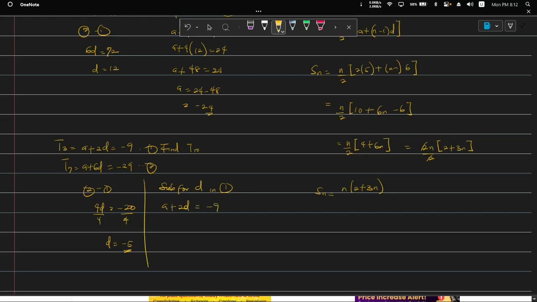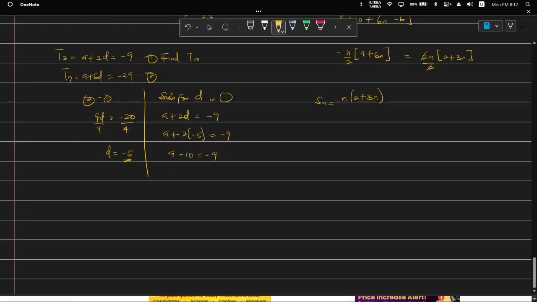Therefore, a plus 2 into bracket minus 5 is equals to minus 9. 2 times minus 5 gives us minus 10. So we have a minus 10 is equals to minus 9. Therefore a is equals to minus 9 plus 10, which is equals to 2. And that is the first term.